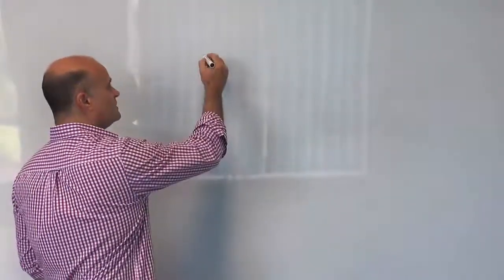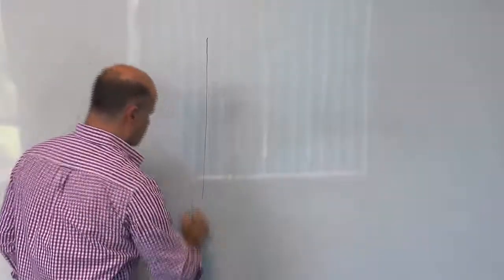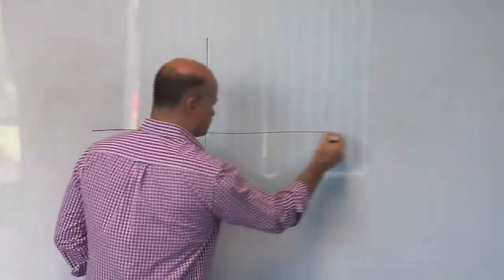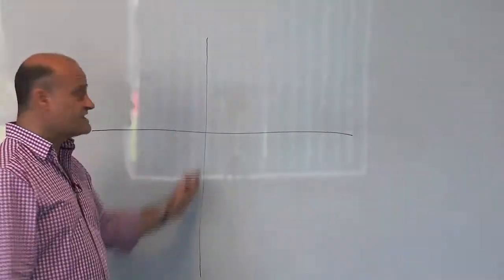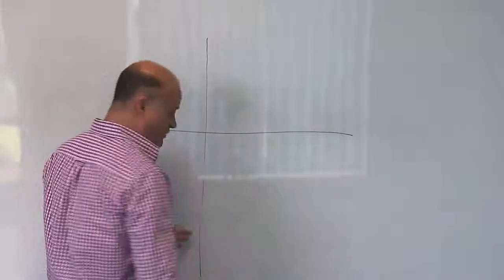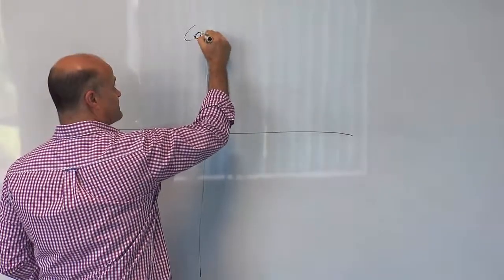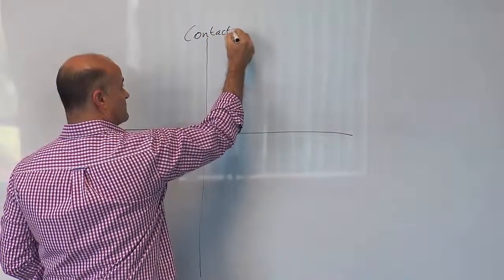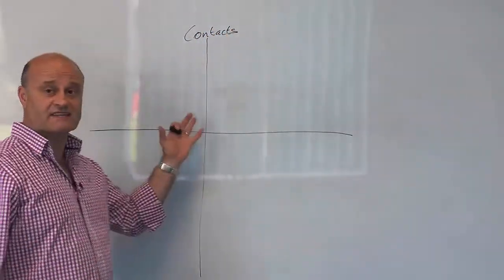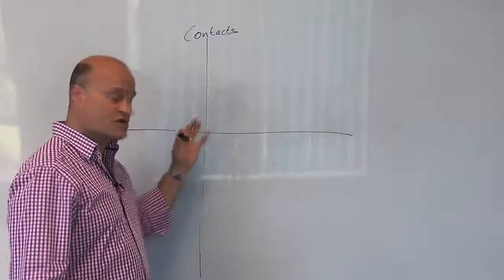Okay, if I draw a cross on the board here, on this axis up here we've got kind of a transactional axis. So we've got contacts, and certainly a CRM needs to be a place where I can store my contacts.